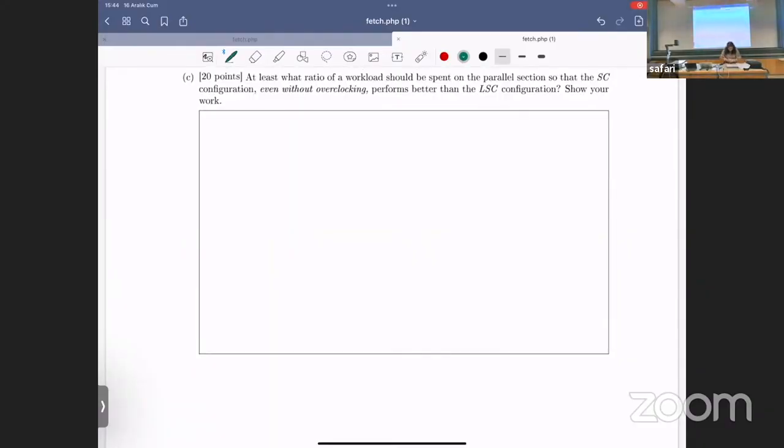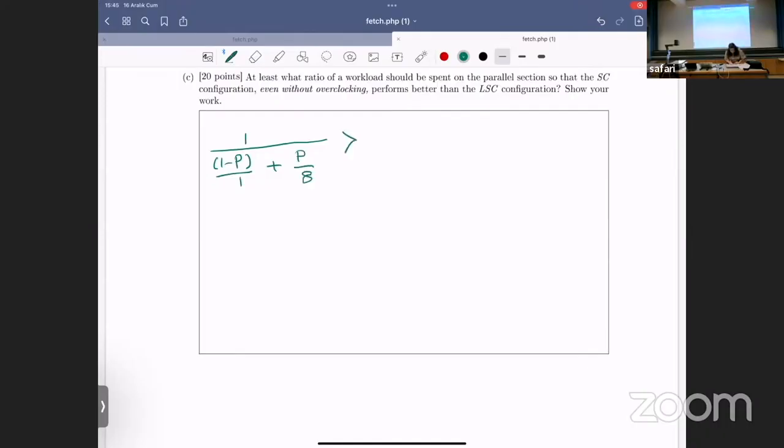So basically we want to see how big the parallel portion of the application should be for us to prefer the SC configuration in our system instead of LSC. Let's have a parameterized scenario. Let's call the parallel portion of our application P. What we want is 1 minus P plus P divided by 8, and this is the speedup.